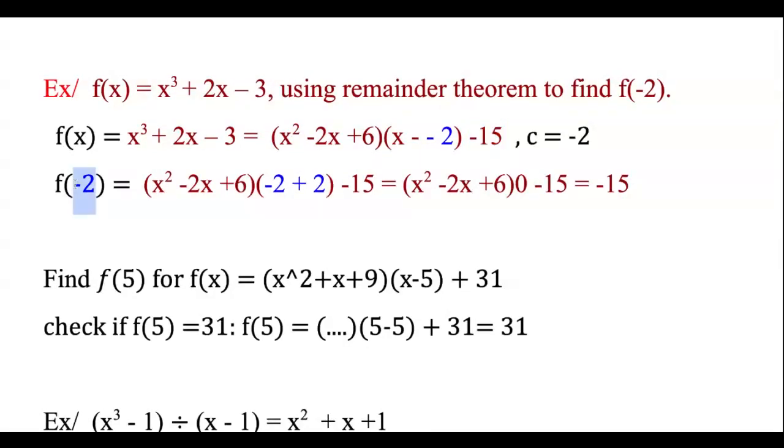So if we want to evaluate f of negative 2, that just equals the remainder negative 15. Because here x plus 2, x is negative 2 plus 2 is 0. 0 times the quotient will be 0. So only the remainder left. So that's a remainder theorem. Anyone has any question?